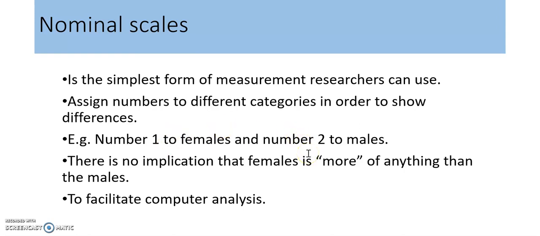There is no implication that the value 1 for female is more than male. It's just to describe the category. 1 describes the female category and 2 describes the male. It's just a way to facilitate the computer analysis.